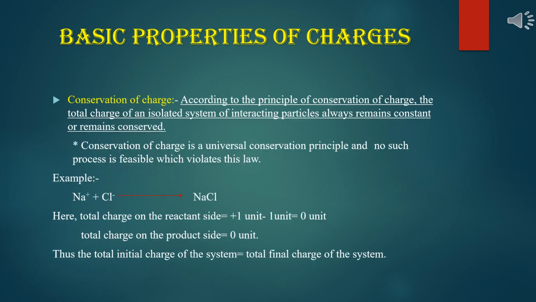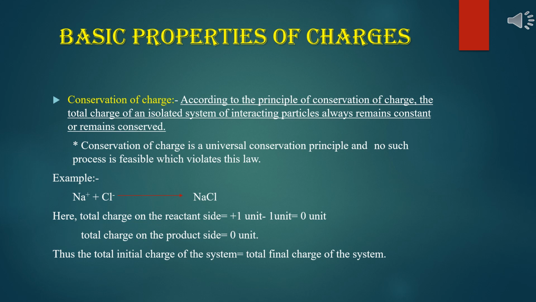Now property number 2, that is conservation of charge. It's very simple: according to this principle of conservation of charge, the total charge of an isolated system of interacting particles always remains constant or conserved. What is the meaning? It means that suppose you have different particles having different charges, and they are interacting among themselves.